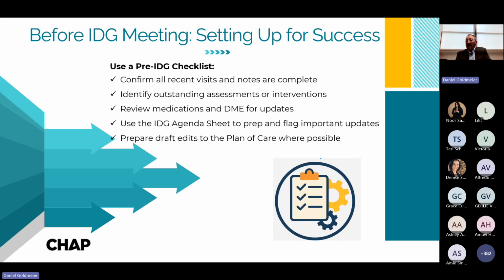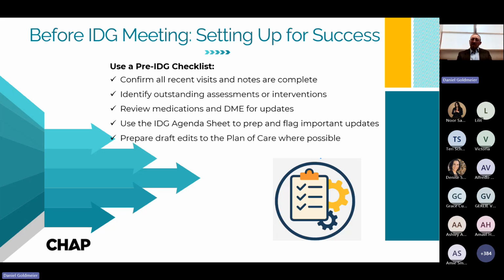And a great way to do that is to use an IDG agenda sheet. That'll be a checklist, if you will, that your EMR should create for you leading up to IDG, allowing you to capture these compliance issues such as care plans and the frequencies and these other issues that we're discussing, lined up and grouped by different patient types, whether it's admissions, deaths, discharges, ongoing, who's in their research window.